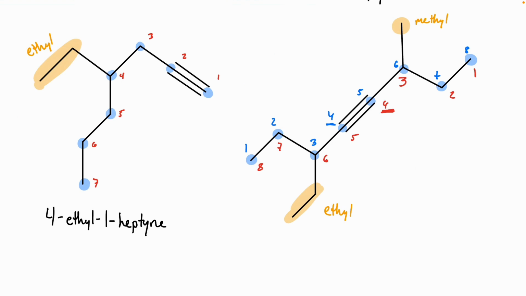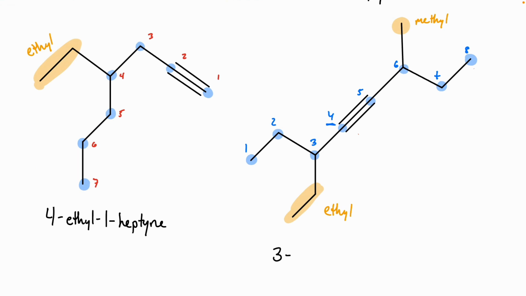So in blue, I have a 3 and a 6. And in red, I have a 3 and a 6. And so now I have a tie even when I go back to my old rules. And how do we break a tie with our old rules? Alphabetical order. So I'm going to go ahead and pick the blue numbering scheme because that is what's going to put my ethyl group at the lowest number, and ethyl comes before methyl in alphabetical order.